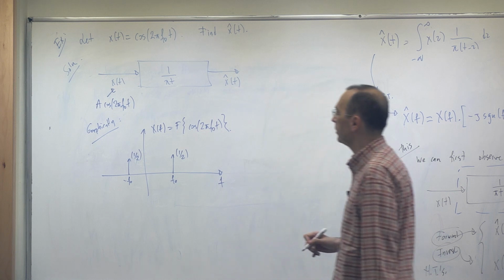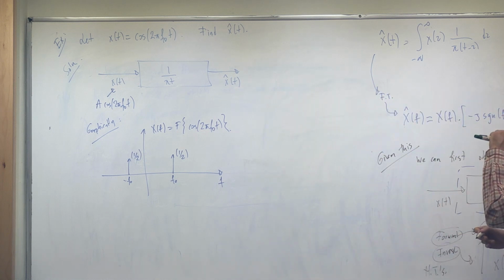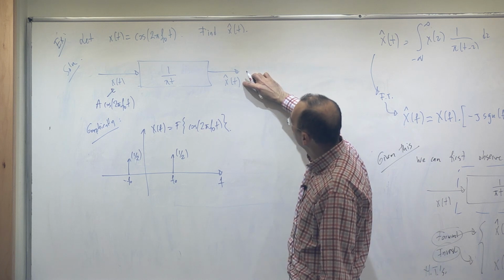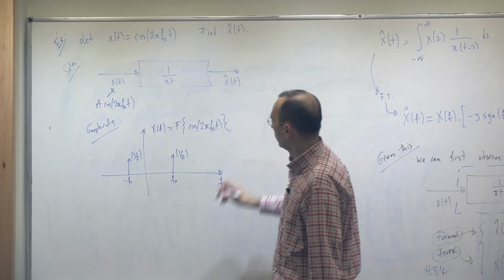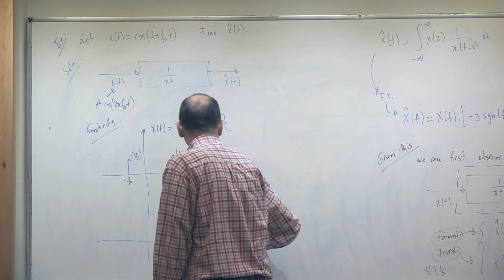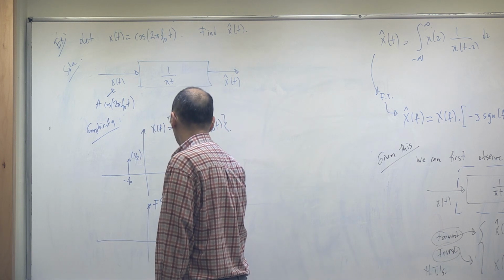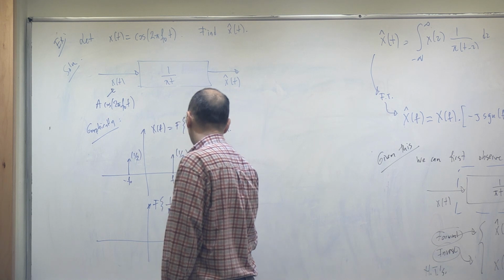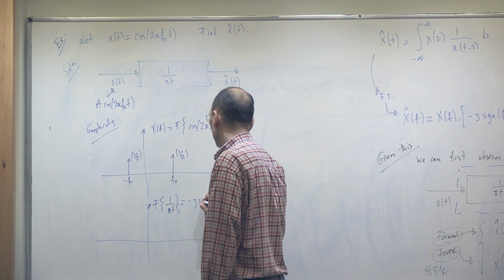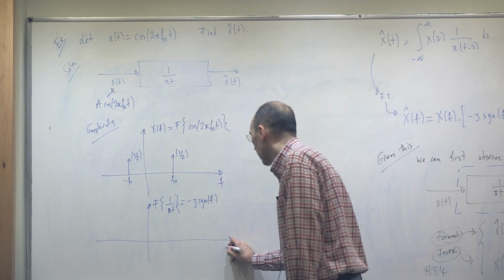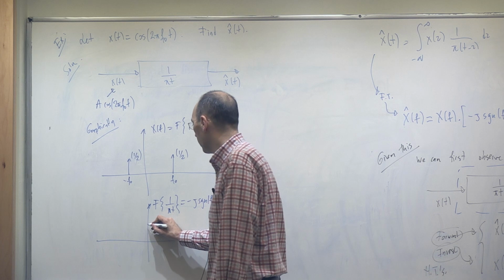Okay, that is it. So how can I find the Fourier transform of this one? Let me do the sketch of this. This is the Fourier transform of 1 over pi t. As we have said, this is minus j signum f. So how am I going to sketch this? This is f.